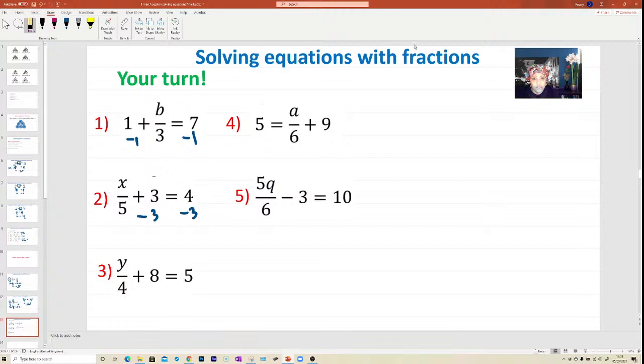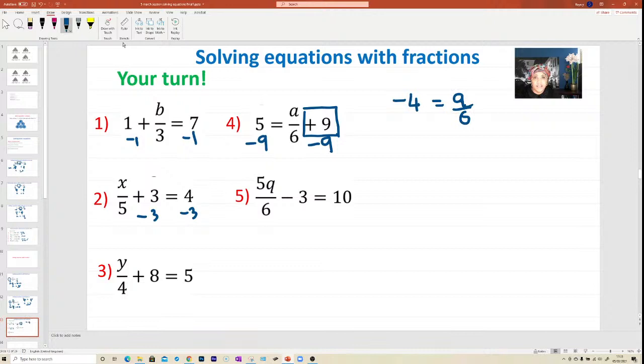Right, and now we're going to number 4, guys. So what we need to do is get rid of this 9. And remember, the sign goes with it. The sign on the left belongs to the number on the right. So plus 9, that means we're going to take away 9 on both sides. 5 take away 9 is negative 4 equals a over 6.